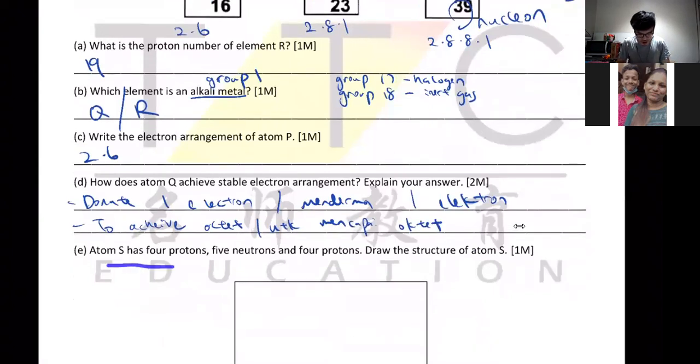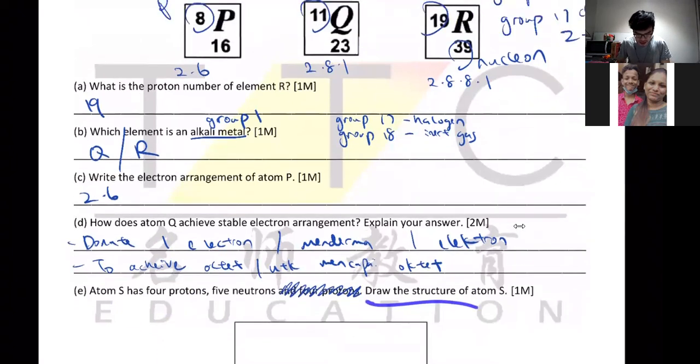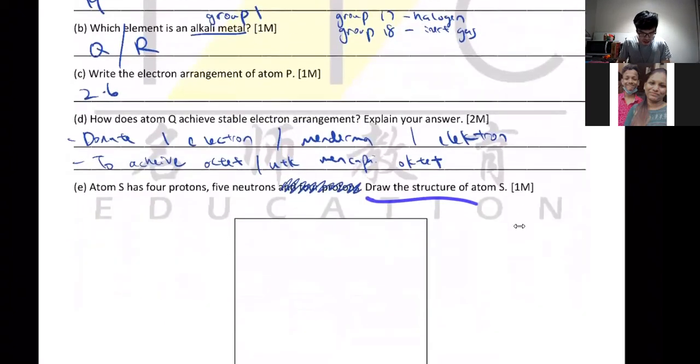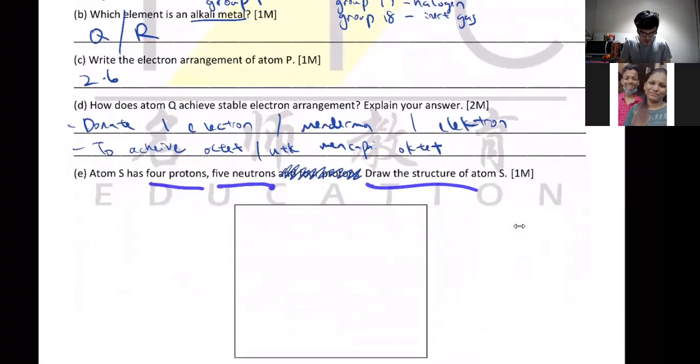So atom S has 4 proton, 5 neutron. What is it? 4 proton again? This is a redundant statement. Draw the structure of atom S. So S is not here. 4 proton, 5 neutron. They want you to draw S. Basically, you don't care about the neutron because you are not drawing it. So 4 proton, that means 2.2.